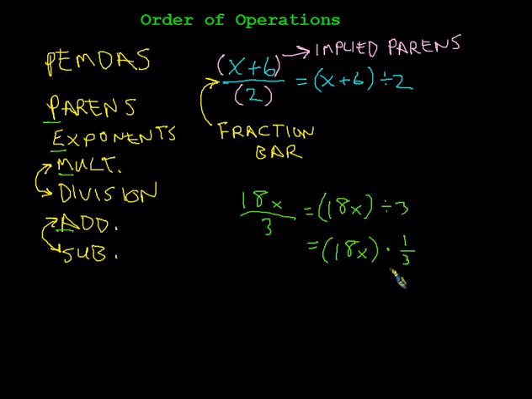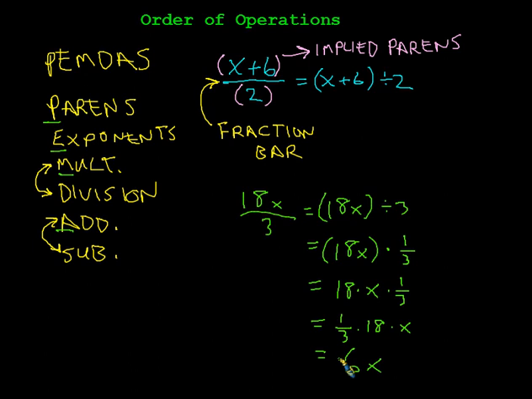Then, since it's all multiplication, 18 times x and times 1 over 3, I can use the associative property of multiplication to throw away the parentheses. And then I can use the commutative property of multiplication to move the 1/3 near the 18 times x, and 18 times 1/3 is 6 times x.